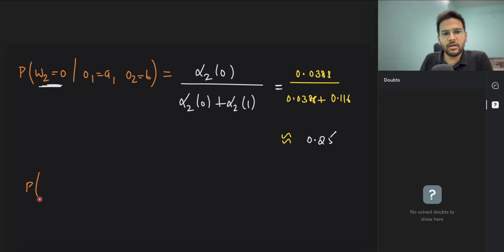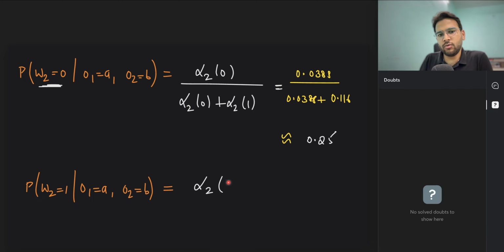Similarly, you can calculate W2 of 1 given O1 is equal to A, O2 is equal to B. That is nothing but alpha 2 of 1 divided by alpha 2 of 0 plus alpha 2 of 1.